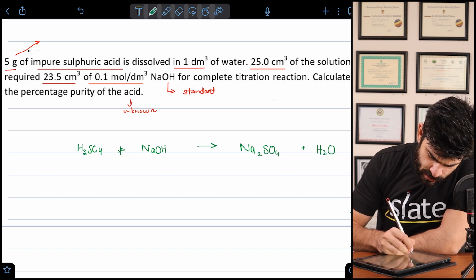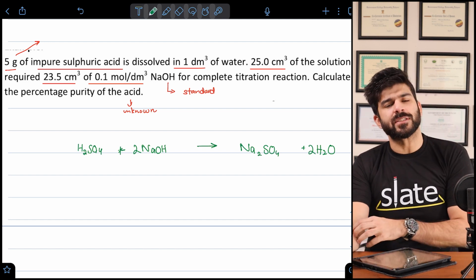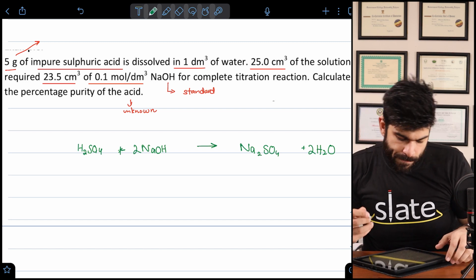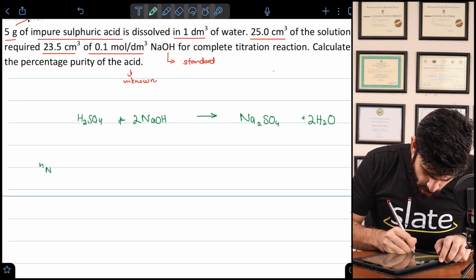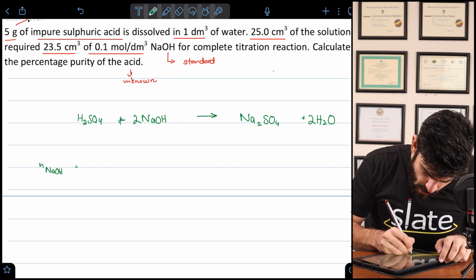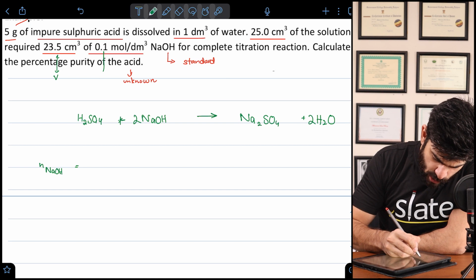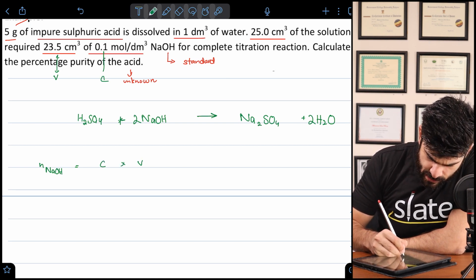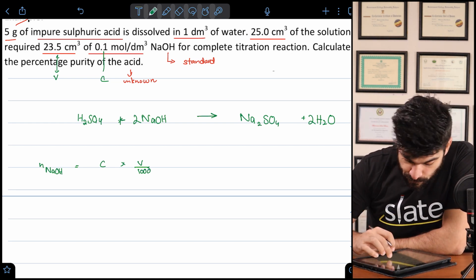That's neutralization. So we take 2 moles of NaOH and 2 moles of water. That's the chemical equation. Now we find out the moles of the standard. NaOH is the standard. So let's calculate the moles for sodium hydroxide. And obviously we have the volume, we have the concentration. So n equals C into V divided by 1000, as the volume is in centimeter cube.